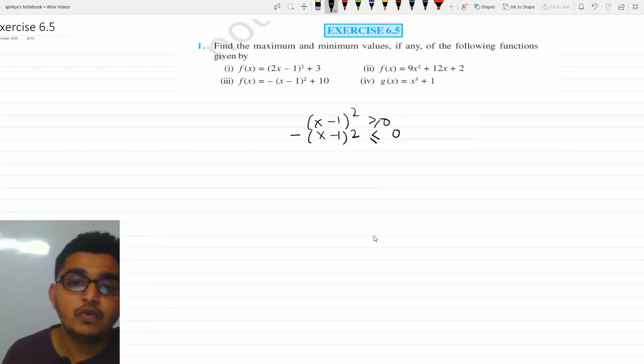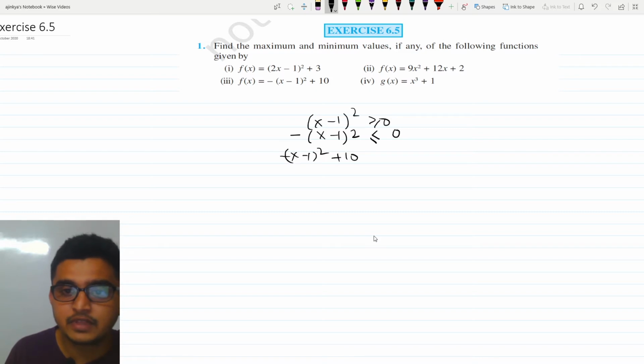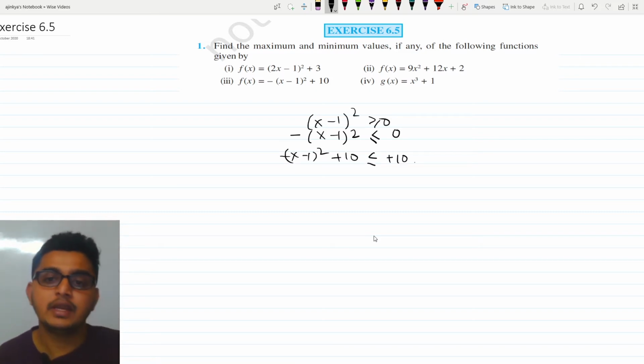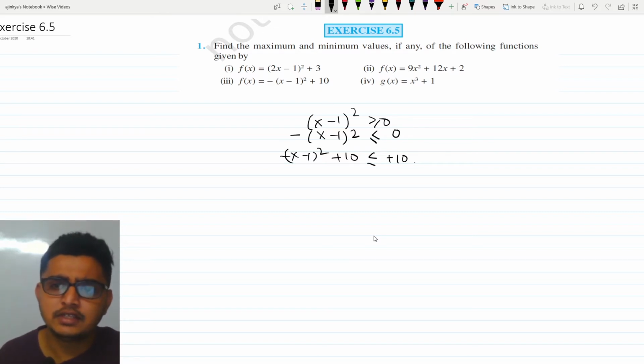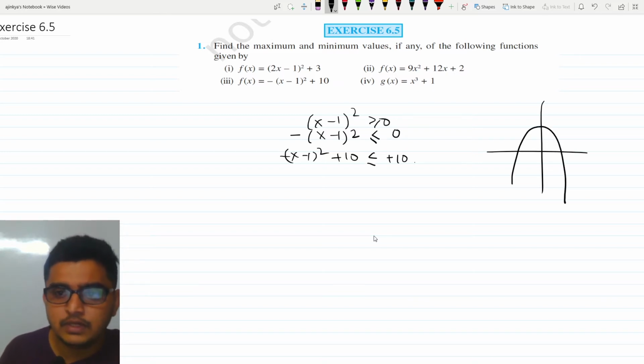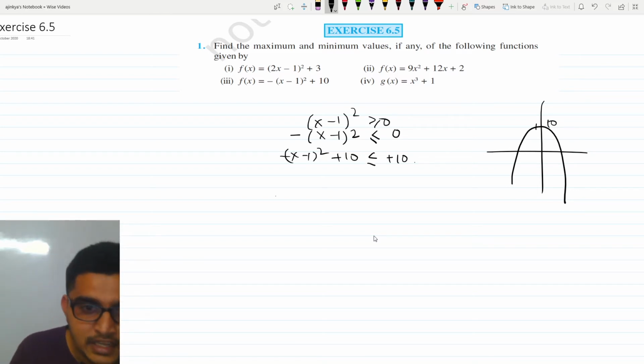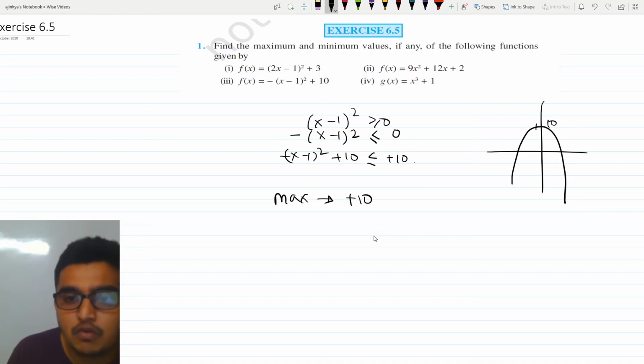And now if we add 10 on both sides, we get minus (x minus 1) whole squared plus 10 is going to be less than or equal to 10. And what does this tell us? It tells us that the function is always going to be less than or equal to 10. So the maximum value of this function is going to be plus 10, but at what x?